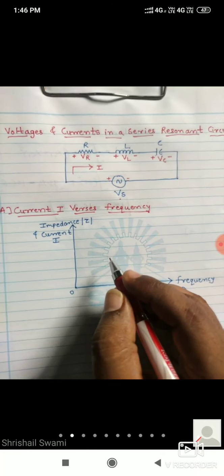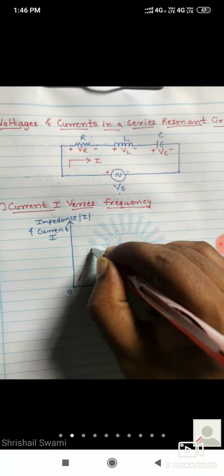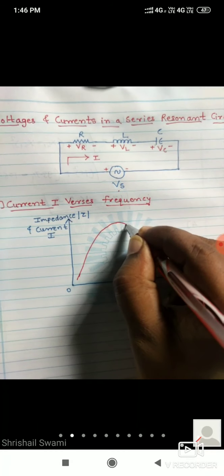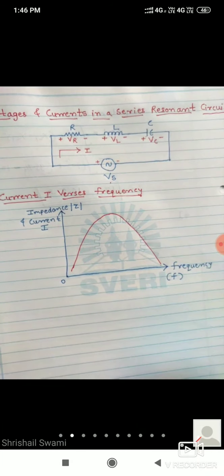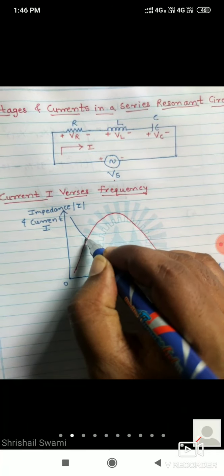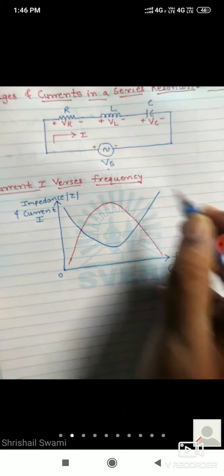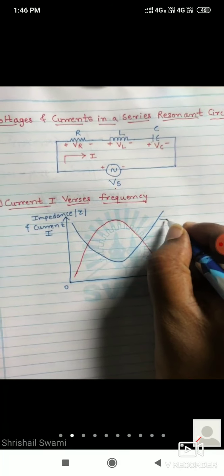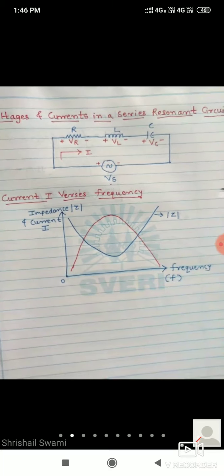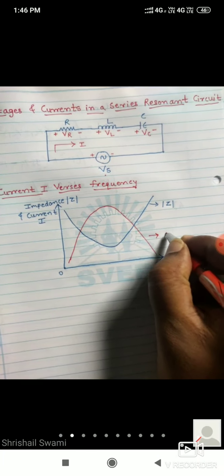So the current will be like this. Now this graph will be for impedance Z, and the red color whatever I drew is nothing but the current I.